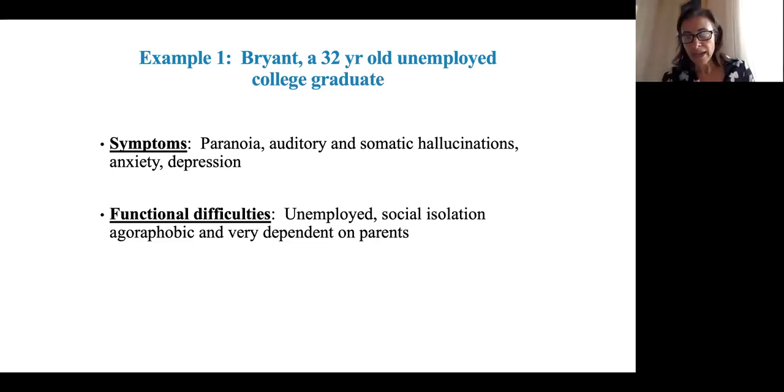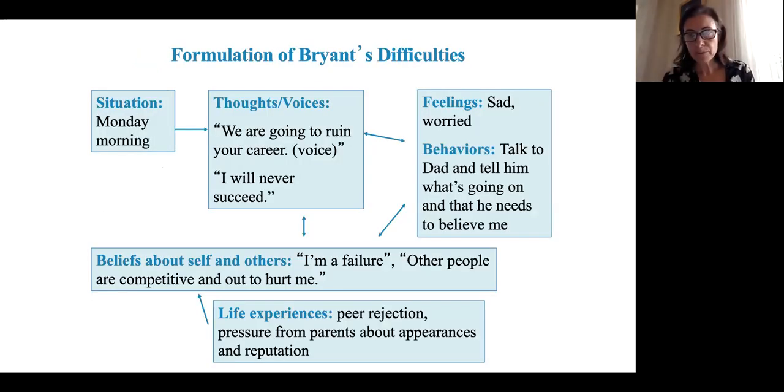Okay, so if we look at the next slide and just the most basic of conceptualizations, Jen showed you the triangle, and this is another way of representing the triangle, but it's this idea of doing a very quick case conceptualization using the CBT model. So in this case, we're looking at the person's thoughts, their feelings, and their behaviors in a bit of a different format.